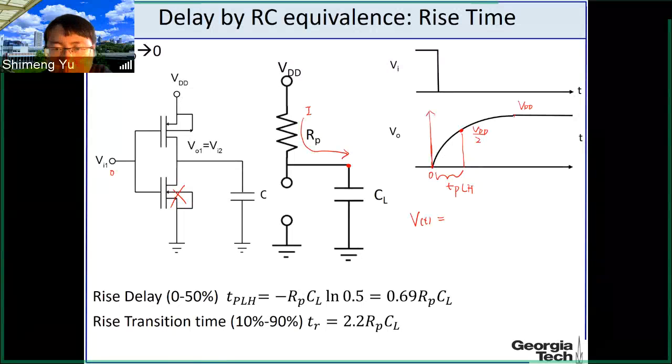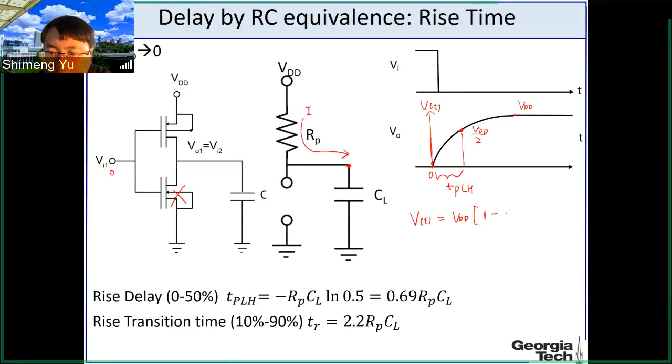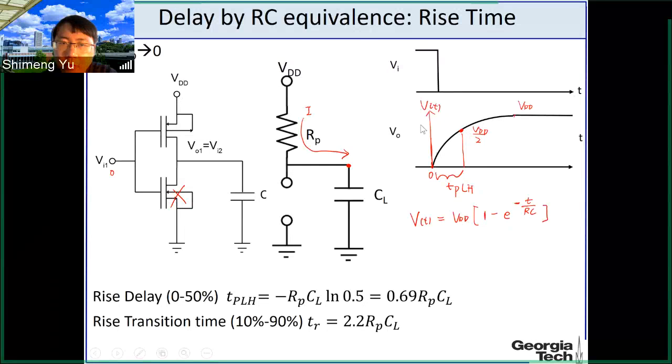The eventual voltage is VDD, times 1 minus exponential of negative T over the RC time constant. This is the solution for this waveform when you have the resistor to charge up this capacitor.